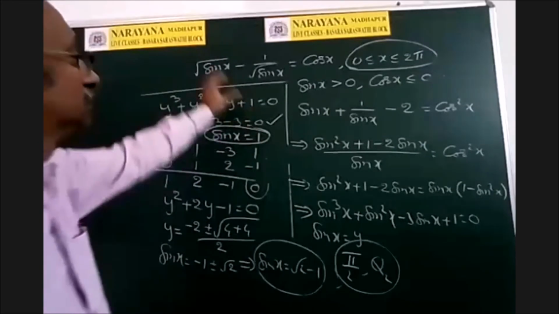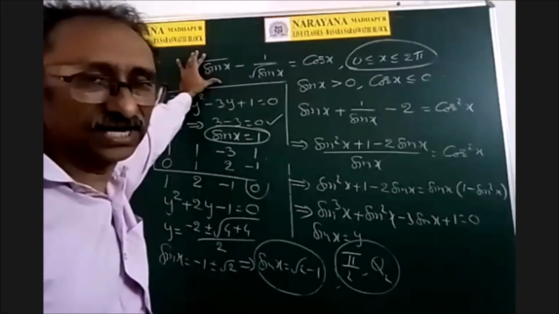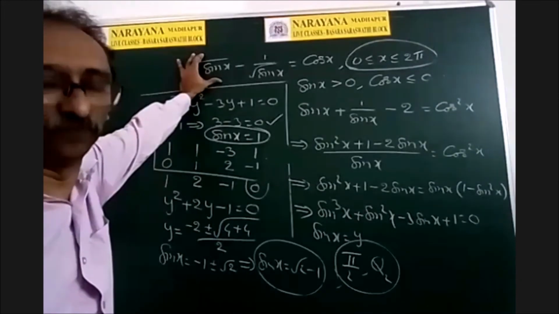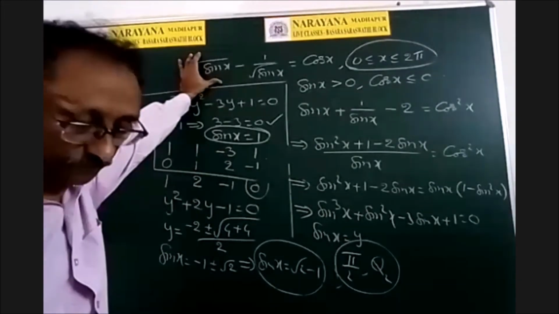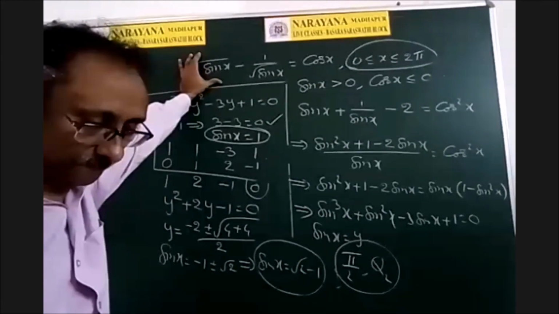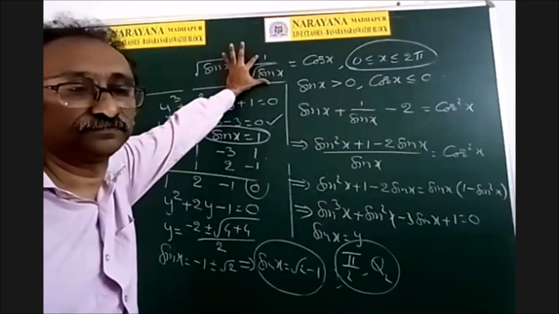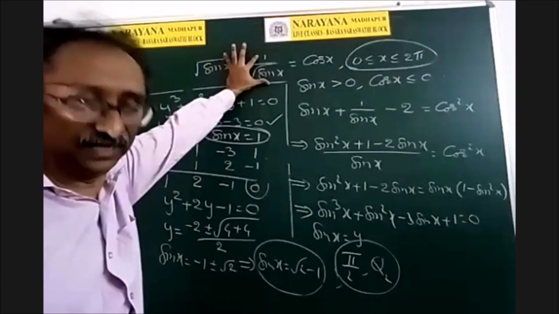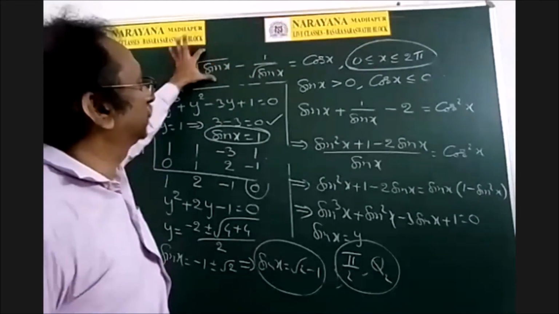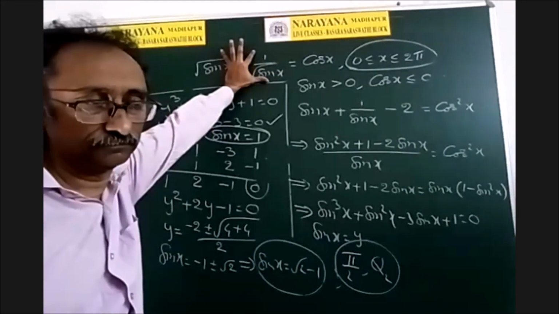See, suppose you take sin x is equal to 1 by 4. Now what is root sin x? 1 by 2. What is 1 by root sin x? 2. So 1 by 2 minus 2, positive or negative?